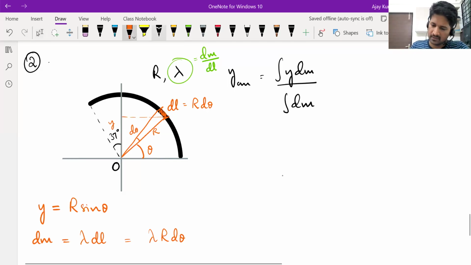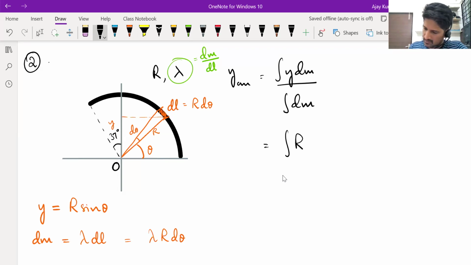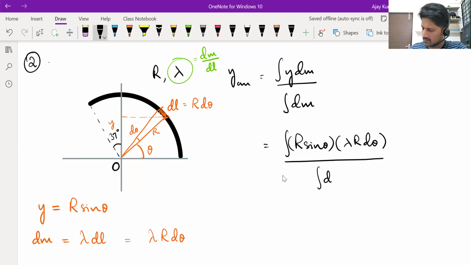So it becomes integral r sin theta, that is y, times dm, which is lambda r d theta, divided by integral dm, which is the total mass. Let it be as it is as of now. Or you can write integral dm also as integral lambda r d theta.